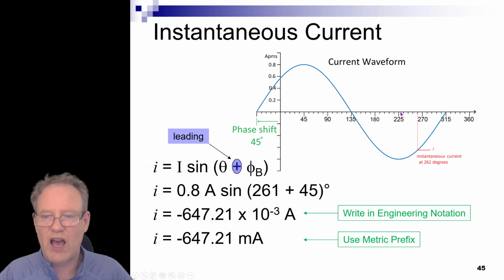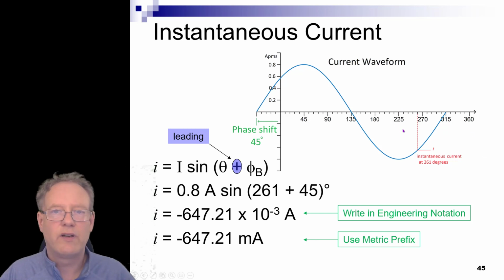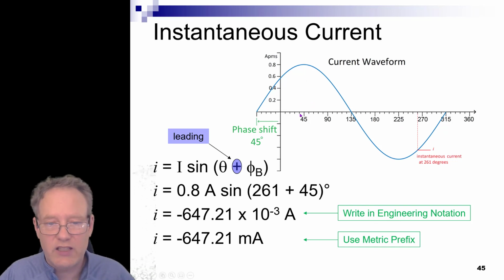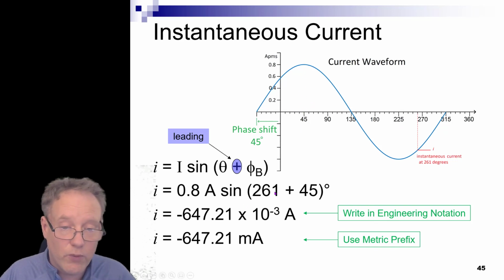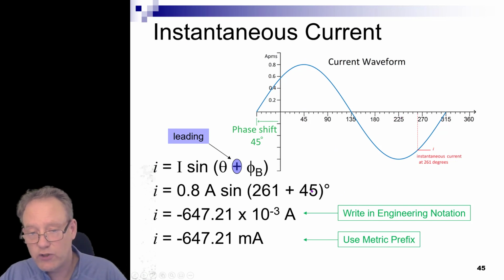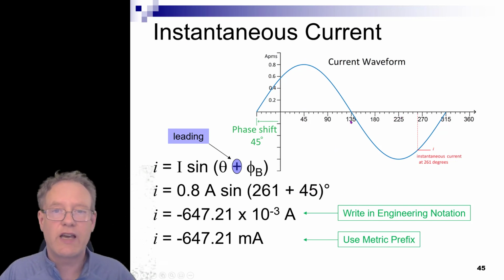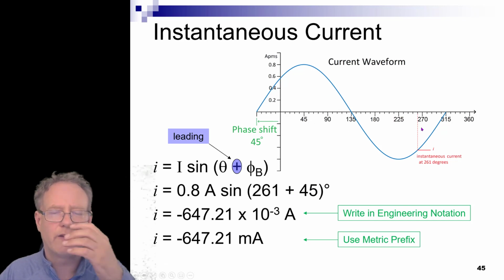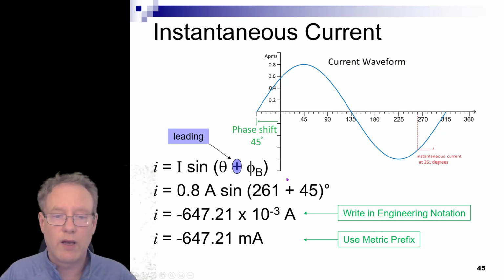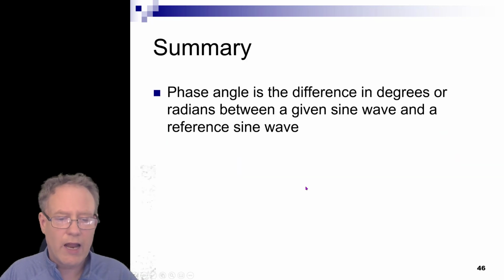If you do sine 225, it's negative 1. If you put sine of 225 plus 45 into your calculator and hit enter, you'd get a negative 1 value, and then you multiply that by 0.8. Anyway, here we go.